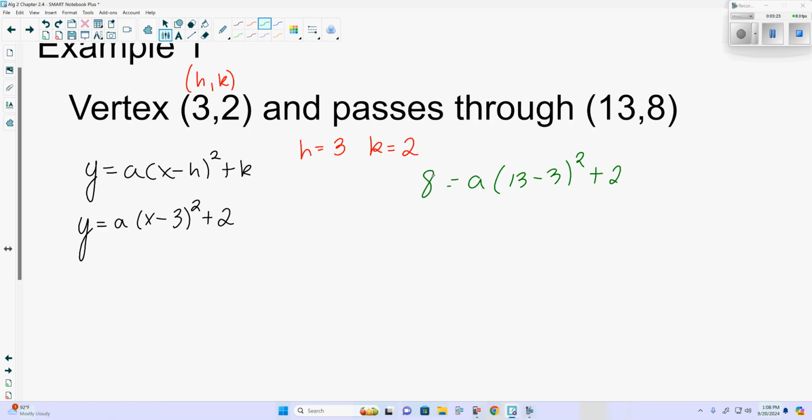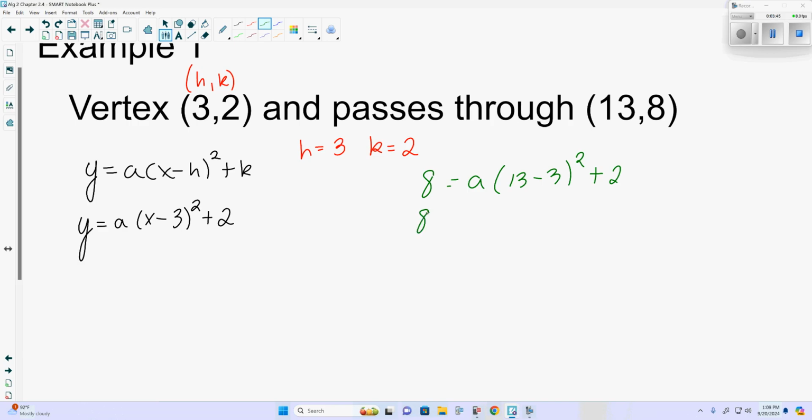Because if I plug the x value in, the y value should come out. That's why they gave us a point: I can plug 13 in for x and 8 in for y to find the value of a.